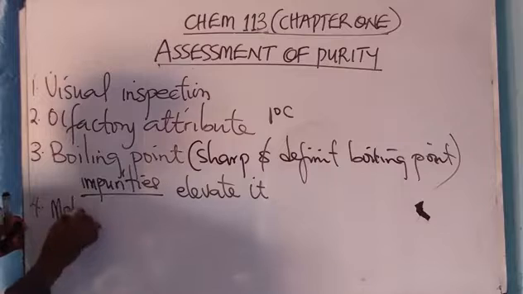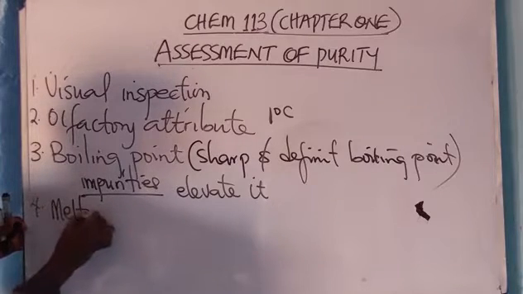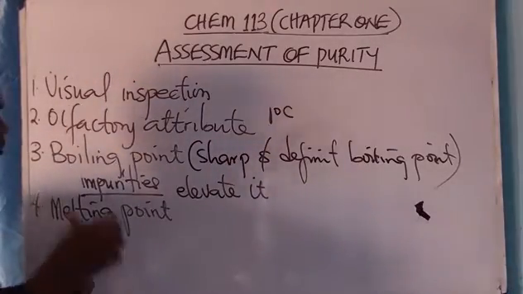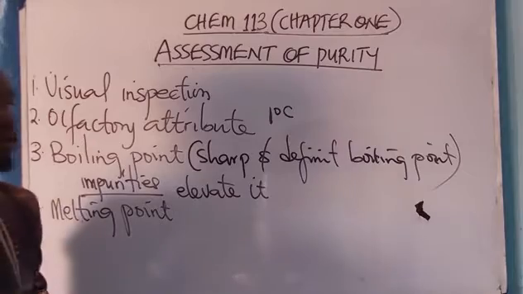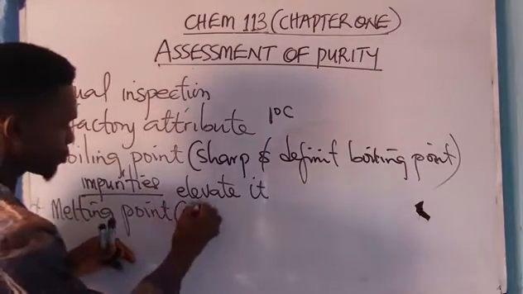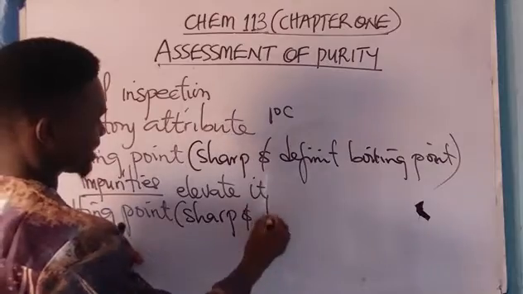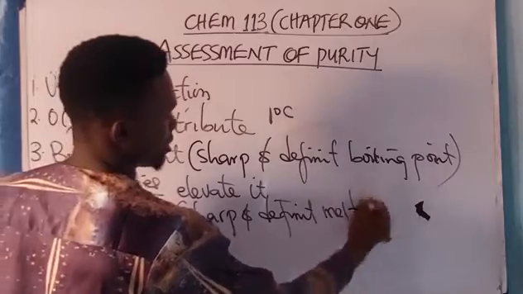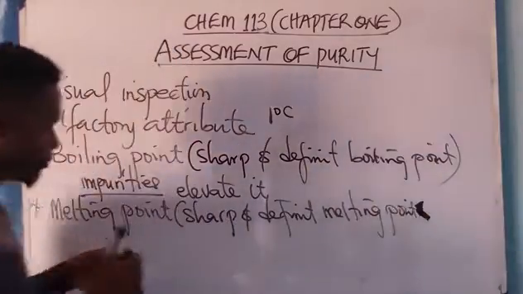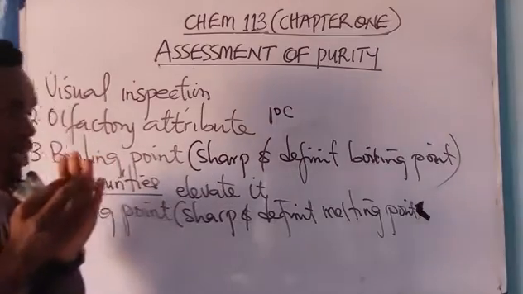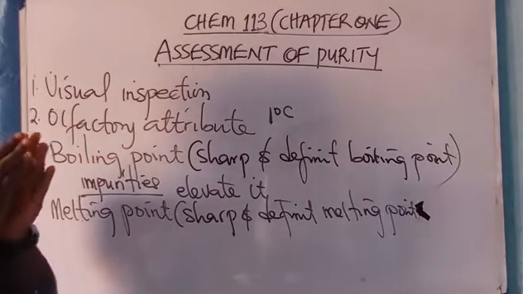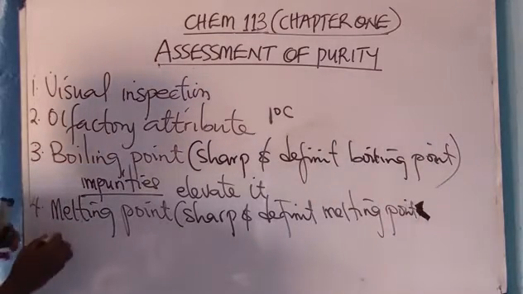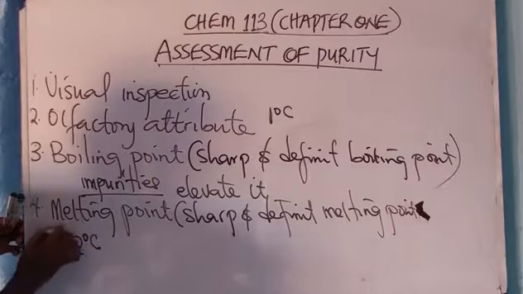And number four is melting point. The same thing applies here. Solids that are pure have sharp and definite melting points. They melt around a narrow temperature range, about 1 to 2 degrees Celsius.